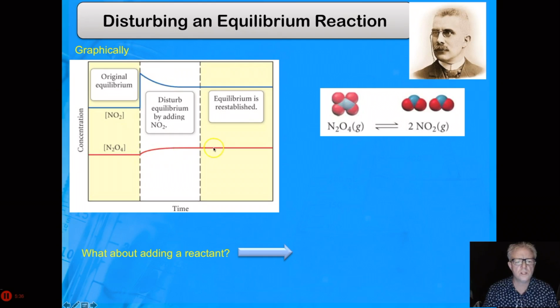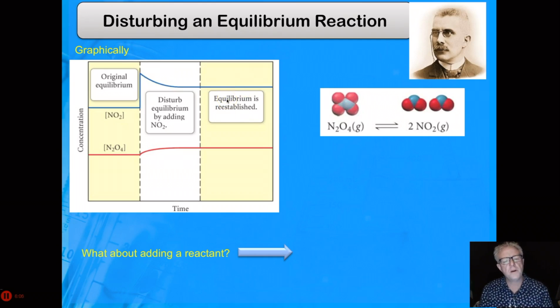And of course they reach a new equilibrium. So here we have the original equilibrium. We have a disturbance, by adding some product, shown by that sharp peak, and then it goes down, which is telling you that its concentration is being reduced a little bit to minimize the disturbance, and then the concentration of the reactant goes up and we get a new equilibrium established.